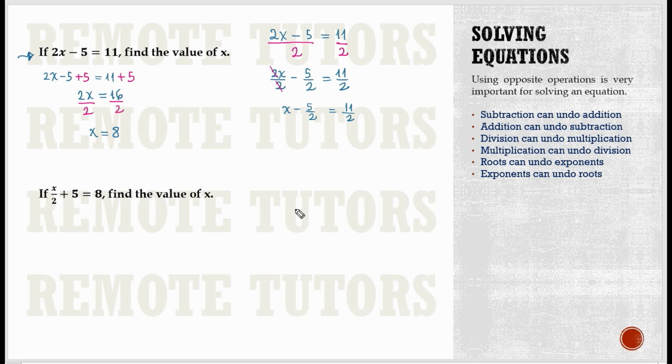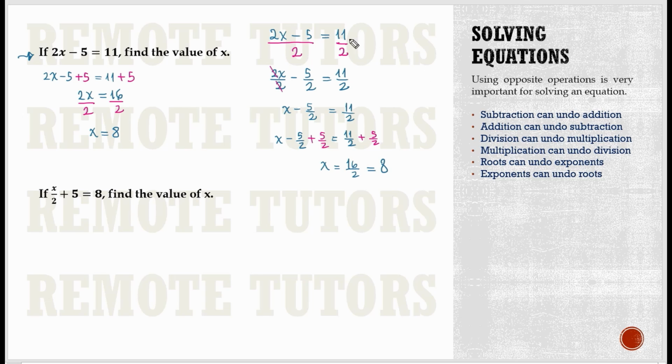The next step is to add 5 halves to both sides of the equation. So finally the value of x is 16 divided by 2, which is 8.